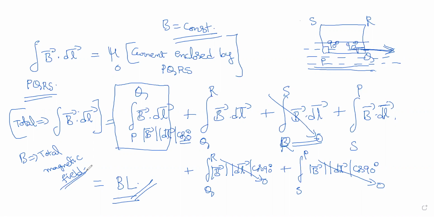B is the total magnetic field of the solenoid. Once finished, please let me know.